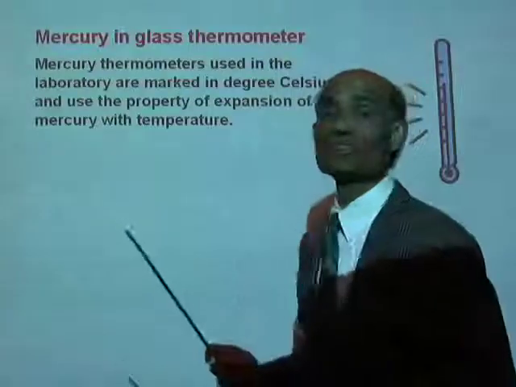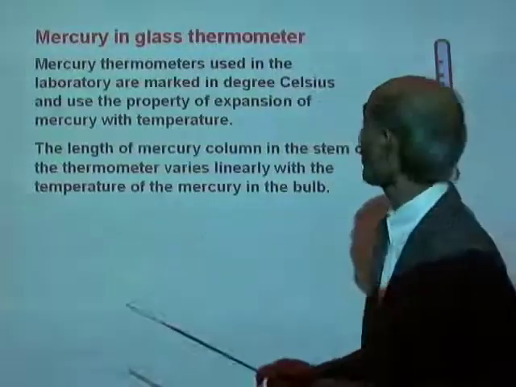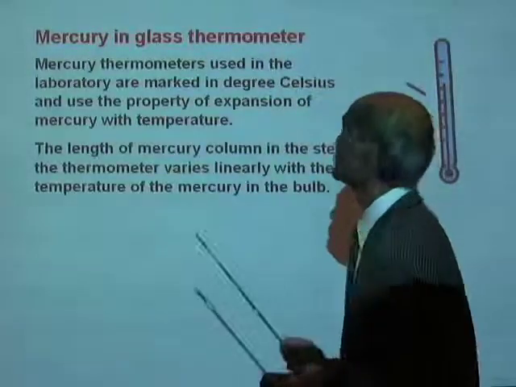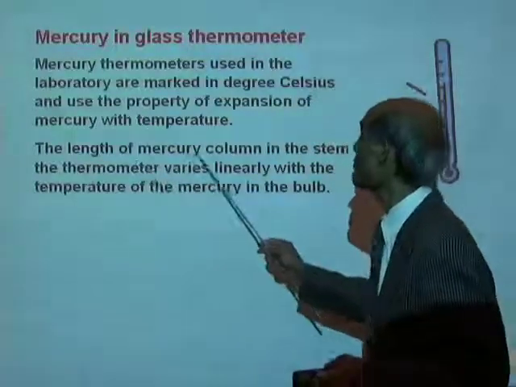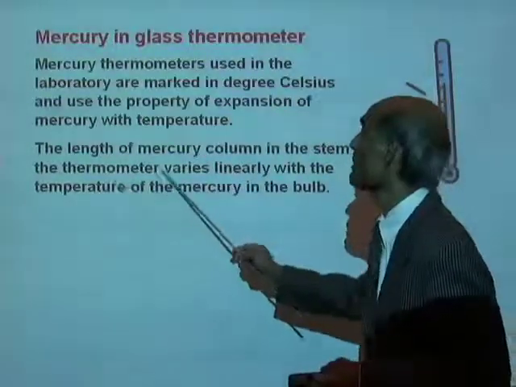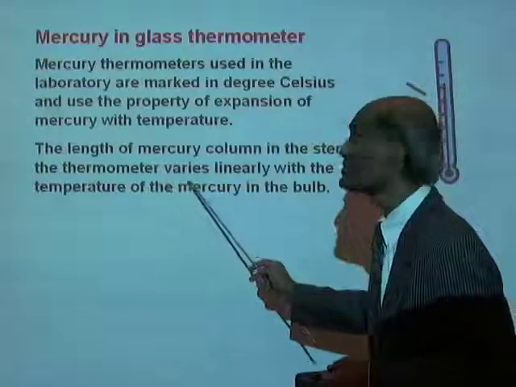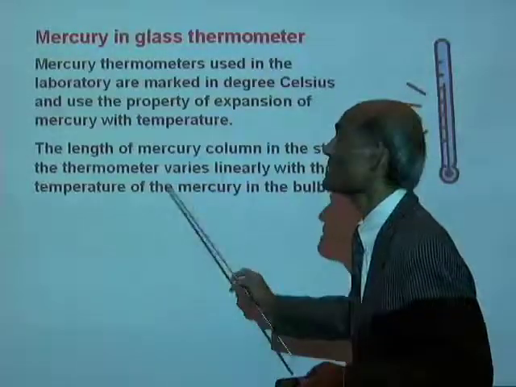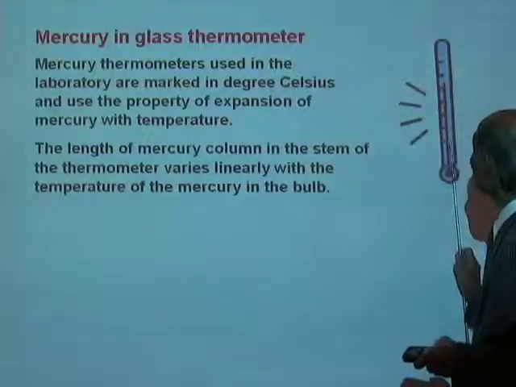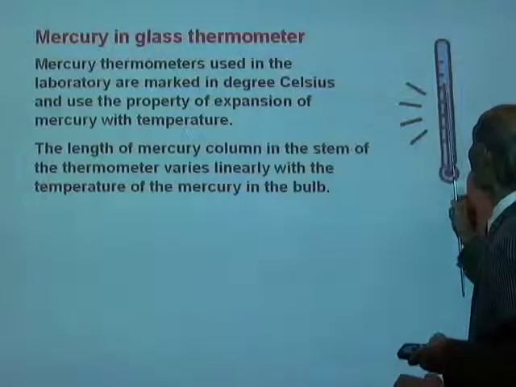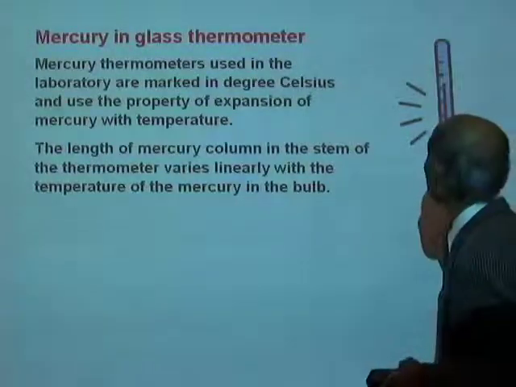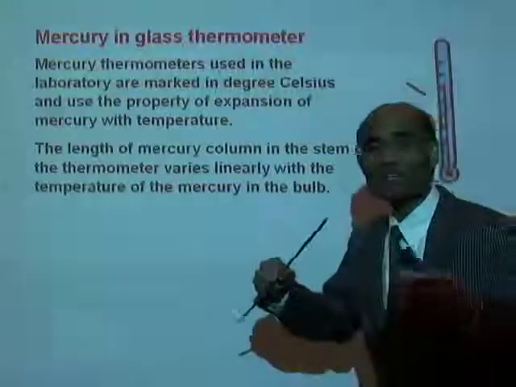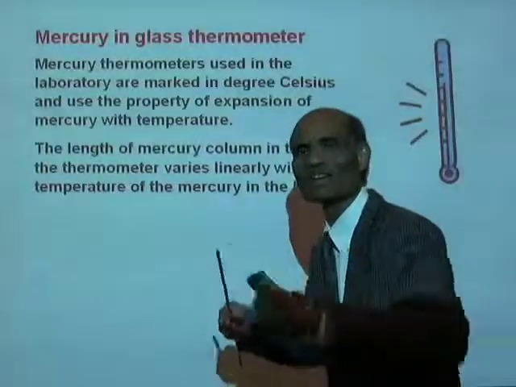Well, that is an example of a mercury in glass thermometer. The length of the mercury column in the stem of the thermometer varies linearly with the temperature. Because the stem is very narrow, the increase in volume can be considered to be a linear increase.